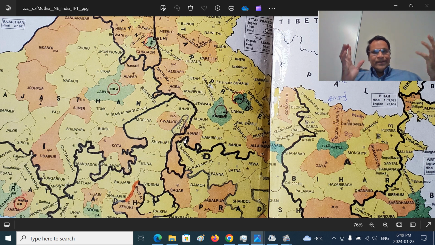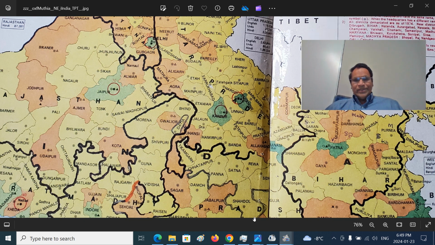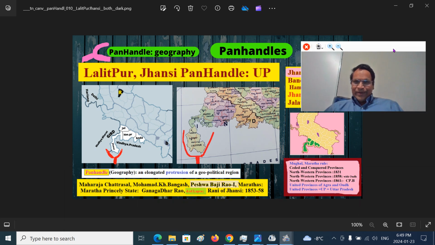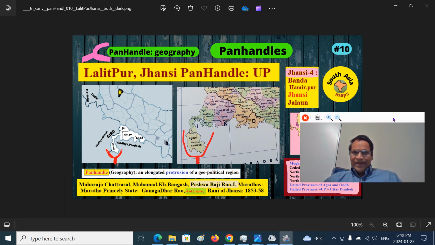Always when the lines are drawn on planet Earth, by the leaders, there are some reasons behind it. Panhandle is one such concept we are trying to understand today. So that is a fascinating story of the Panhandle, Lalitpur Jhansi Panhandle, or you can say Bundelkhand region Panhandle of Uttar Pradesh, United Provinces, or Lalitpur Jhansi Panhandle of Bundelkhand region itself.